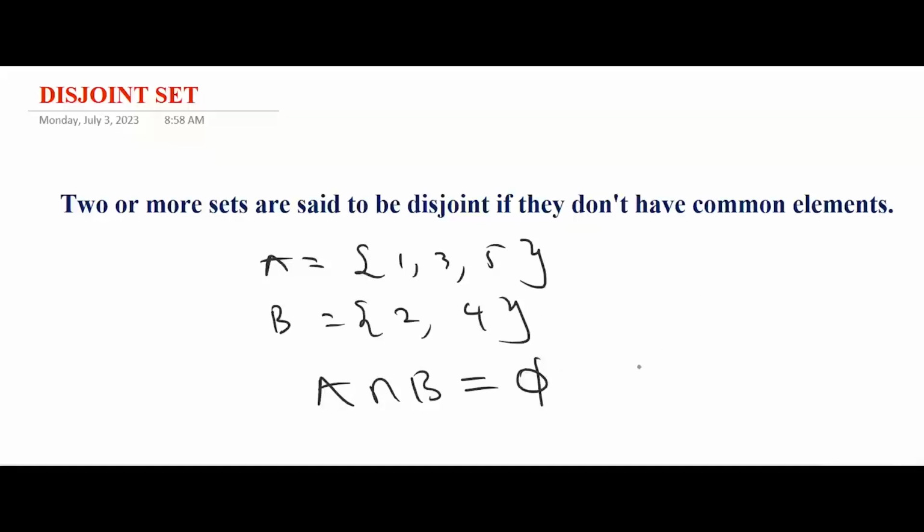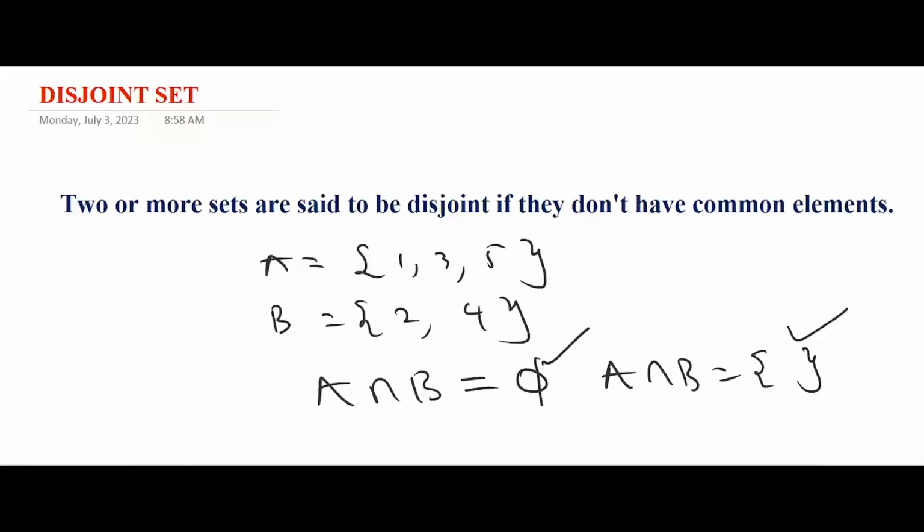You could write it as A intersection B equals empty set, using a pair of curly brackets, so it's either you write it like this or like this. Anytime you have 2 or more given sets and there is no common element in them, that means you have a disjoint set.